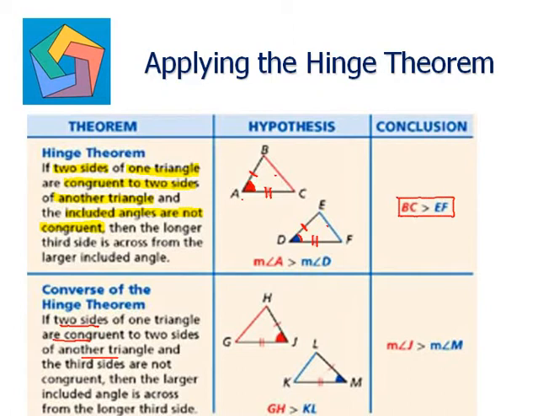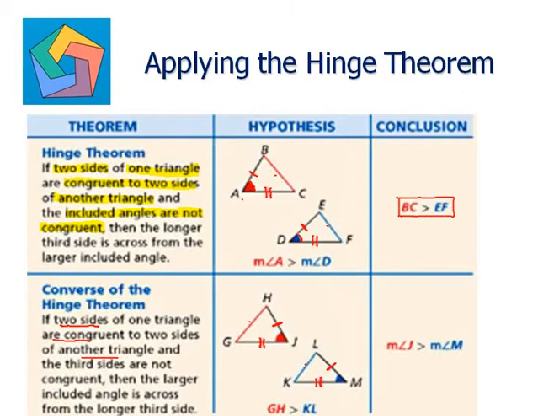That is, if I have these two triangles GHJ and KLM, let's say HJ is congruent to LM and GJ is congruent to KM. And it is also given that GH is greater than KL. So the angle opposite to GH, that is measure of angle J, will be greater than measure of angle M, which is opposite to the side KL.